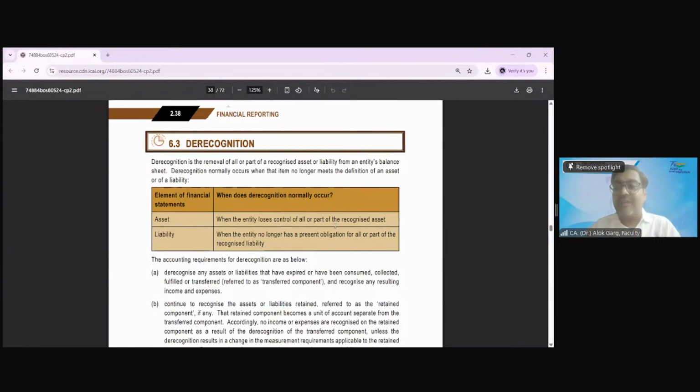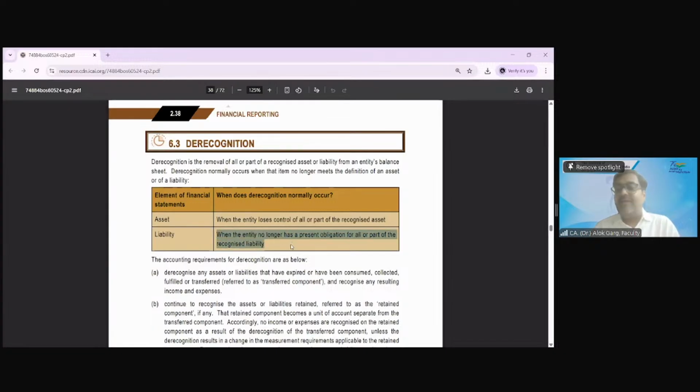Okay. So for recognition and derecognition, there is a lot of guidance given in the conceptual framework for financial reporting. What is derecognition? Derecognition is removing the asset and liability from an entity's balance sheet. Derecognition normally occurs when that item no longer meets the definition of an asset or a liability. Asset, when will the asset be derecognized? When the entity loses control of all or part of the recognized asset.